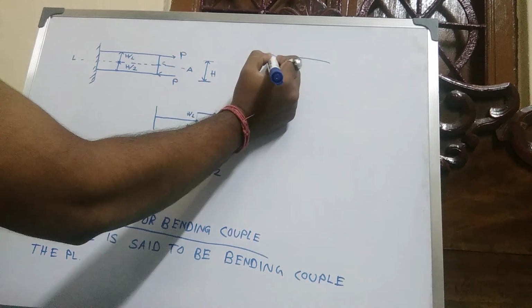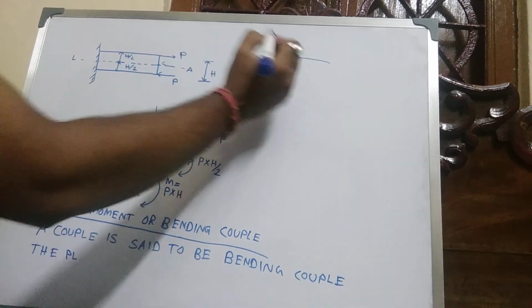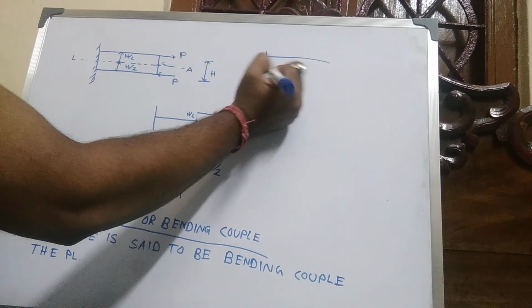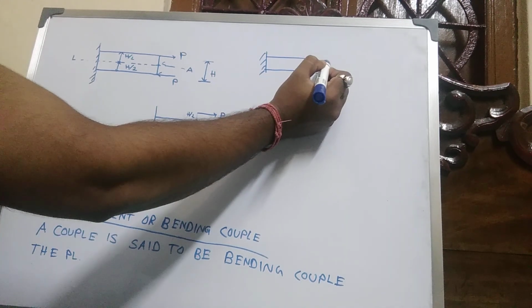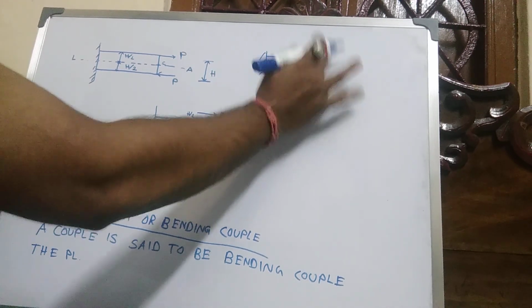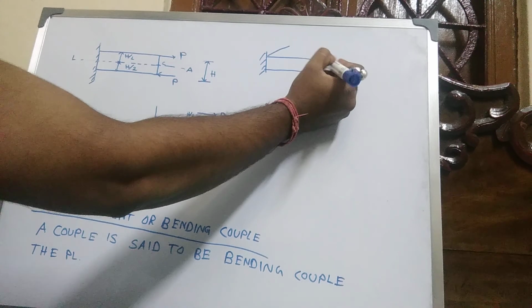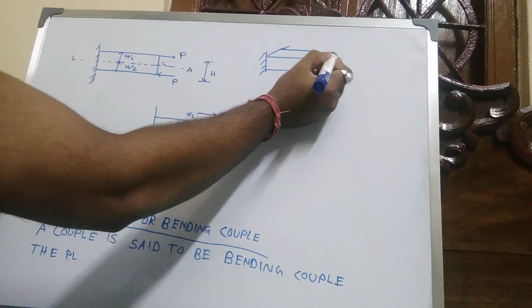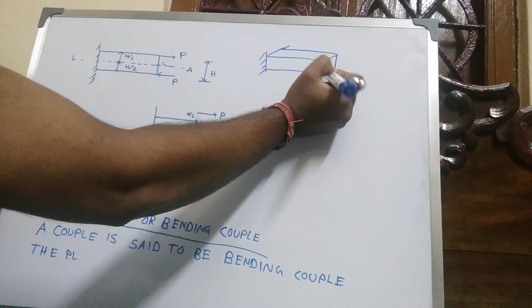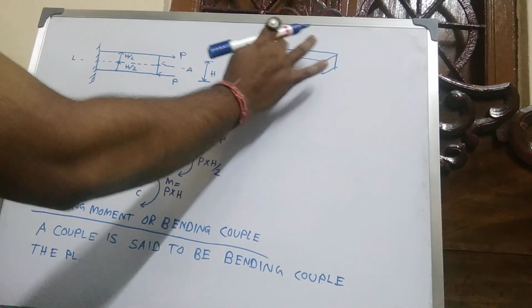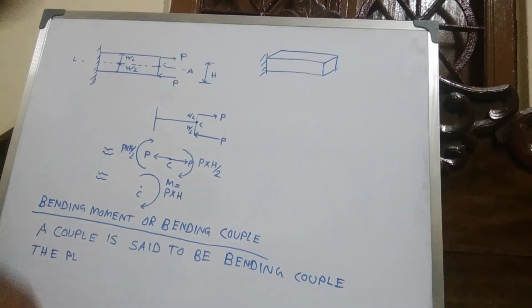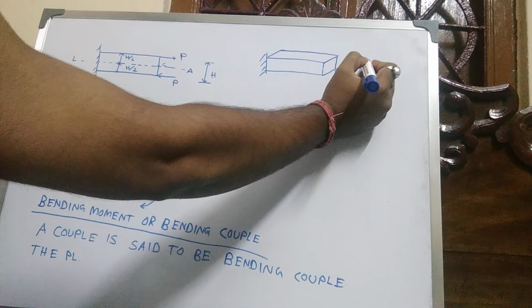Suppose I draw this beam in 3D, and this is the cross section.